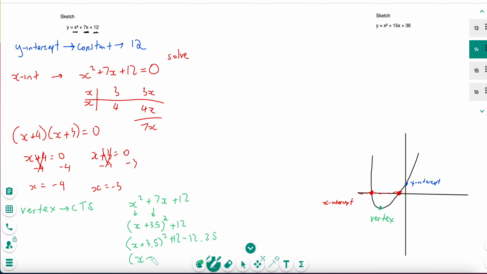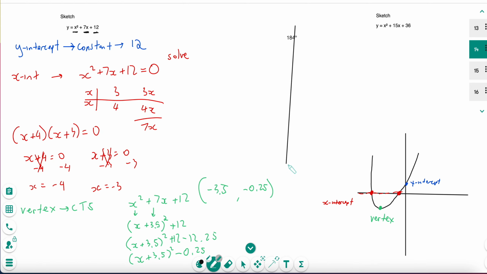Simplify that: x plus 3.5 squared, and 12 minus 12.25 is minus 0.25. Our turning point, the y-coordinate, is going to be the outside term, negative 0.25. The x-coordinate is going to be the opposite of 3.5, so negative 3.5. So we have our y-intercept, our x-intercepts, and our turning point. Now we can sketch it.